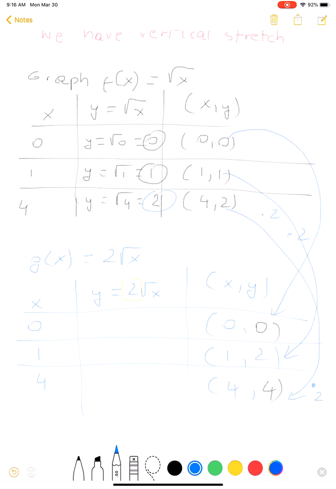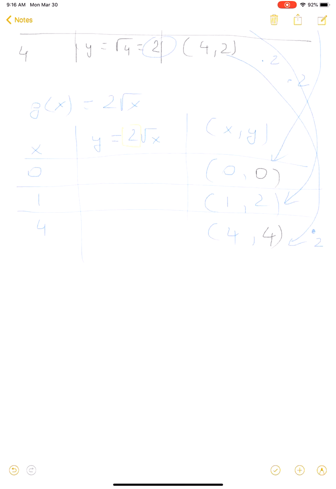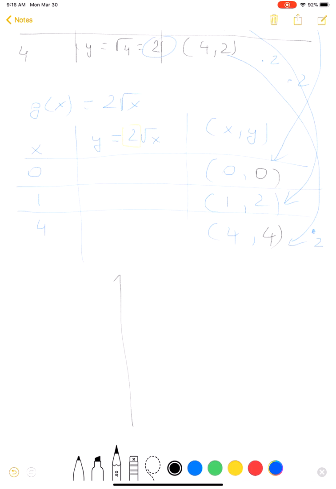Okay, since we have two graphs, let's graph them together. Again, f of x will be in black, which was square root of x. We had 3 points: 0, 0, then 1, 1, right here, and then 1, 2, 3, 4, comma 2, right here.